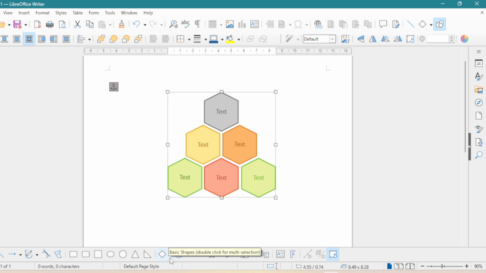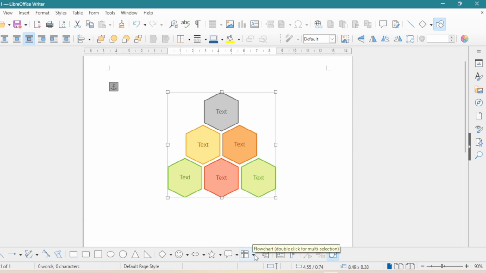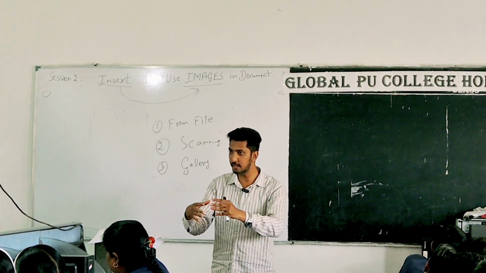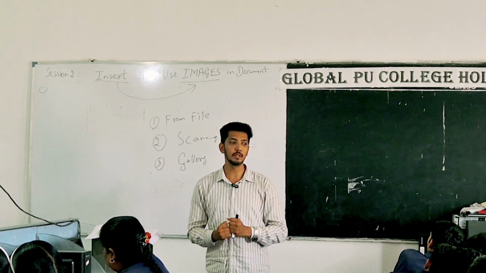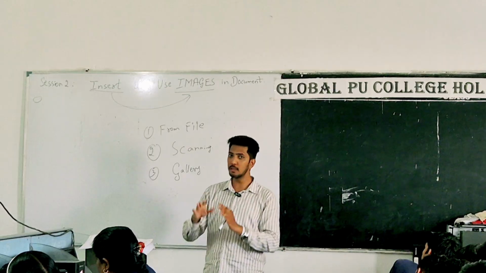In drawing we have different types of geometrical shapes, like polygons, rectangles, triangles, and we can even draw flowcharts using the drawing tool. All these come under this session, insert and use images in a document. We will also learn how to group and divide images. This lesson will be continued further.